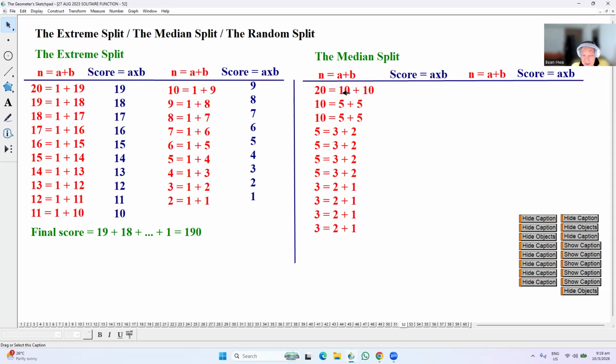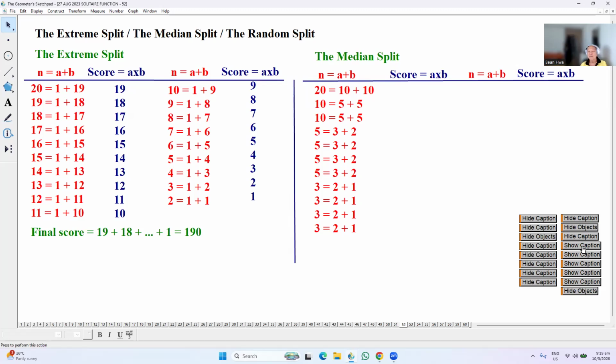So the first split is 10 plus 10. Then each of these 10 is split into 5 plus 5. Then when we have 5, we want to split. The median is 2.5, so we choose 3 plus 2. The two numbers closest to the median. Hence the name, the median split.